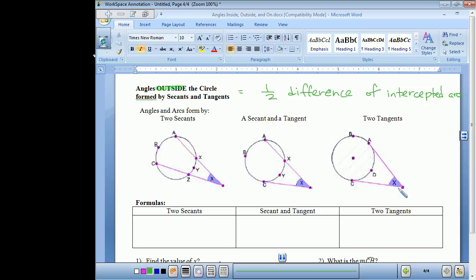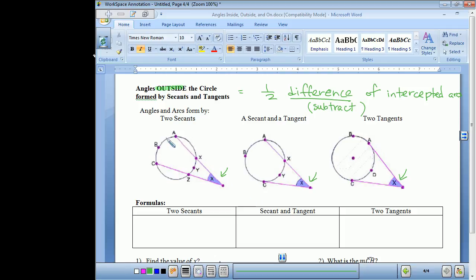Up until this point we've been doing sum, but if the angle is outside the circle, it is half the difference. What does difference mean? Subtract. Good. That just means to subtract.